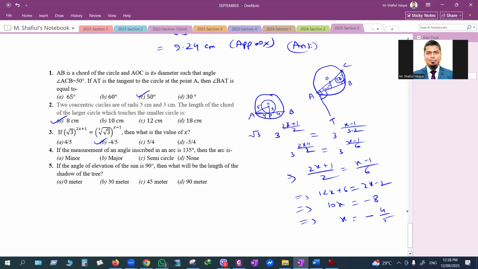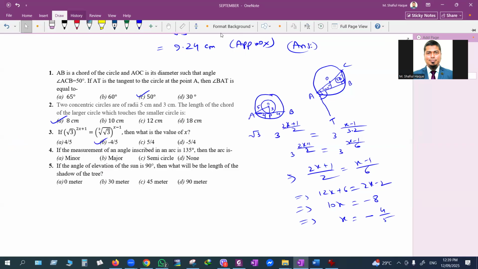this is a circle, this is the measure arc. I think I should draw the circle properly, otherwise you cannot understand.